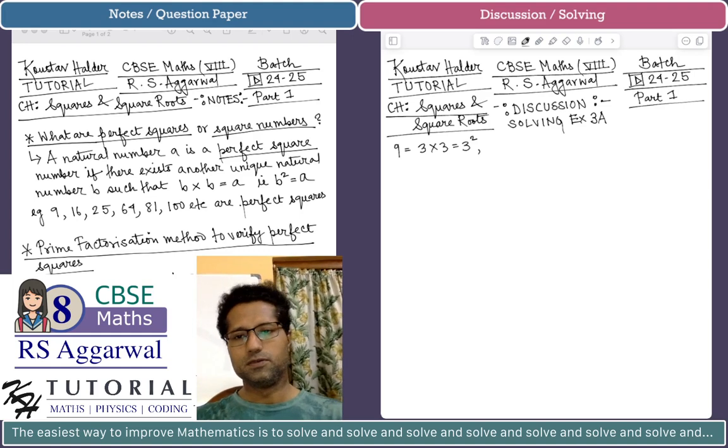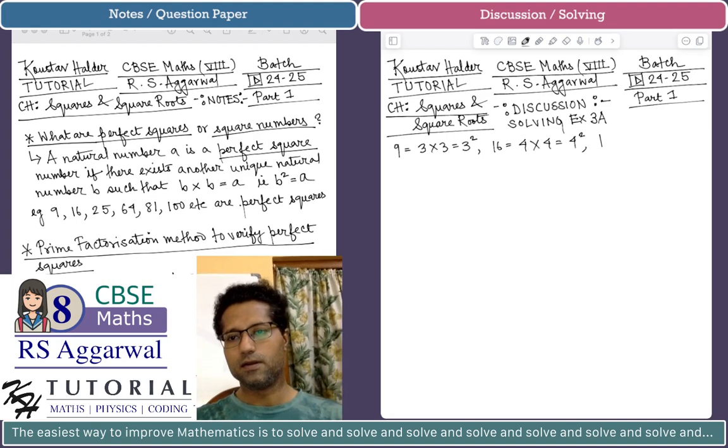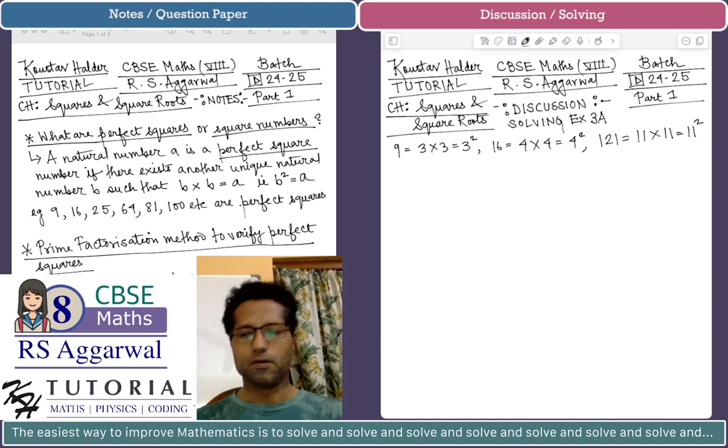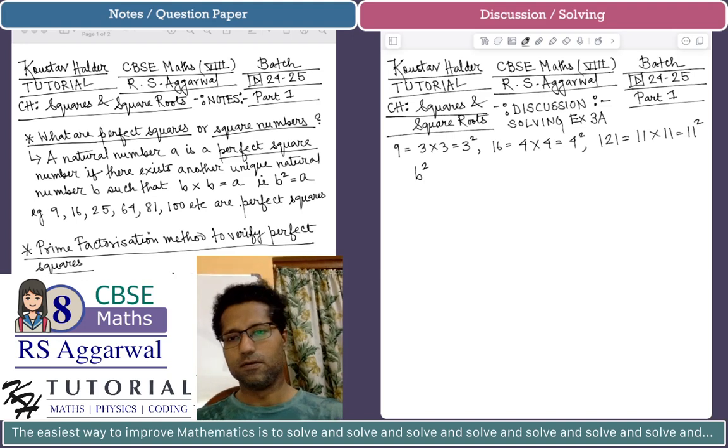Similarly, 16 is also a perfect square because we can write 16 as 4 multiplied by 4, that is 4 square. Similarly, 121 is a perfect square, as we can write 121 as 11 multiplied by 11. Now remember, for a natural number B, if B square is equal to A, then we say that A is a perfect square or square number.